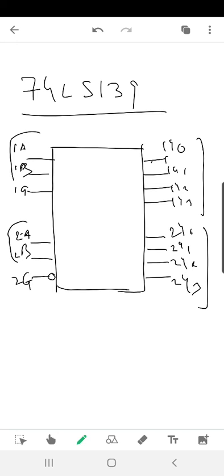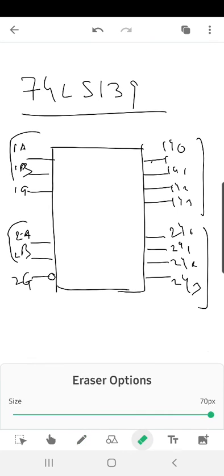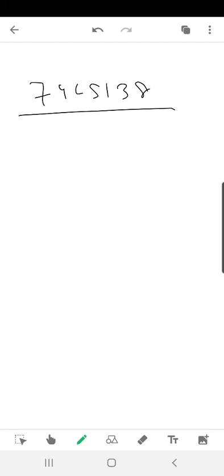Similarly, we also have another decoder IC, which is again a 3:8 decoder, and this decoder IC is actually 74LS138. 74LS138 is our 3:8 decoder.